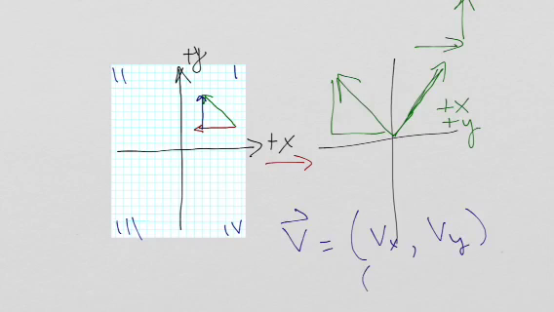Those components, if we look at that graph, are positive 5 in the x and negative 3 in the y. When we get to adding vectors, we're going to see that these signs are very important. So we're going to move on to the next video on vector addition.